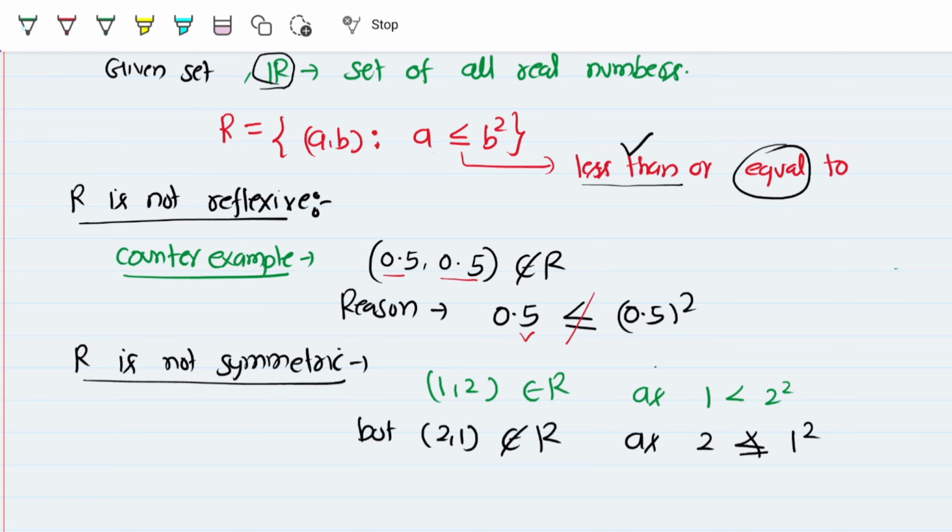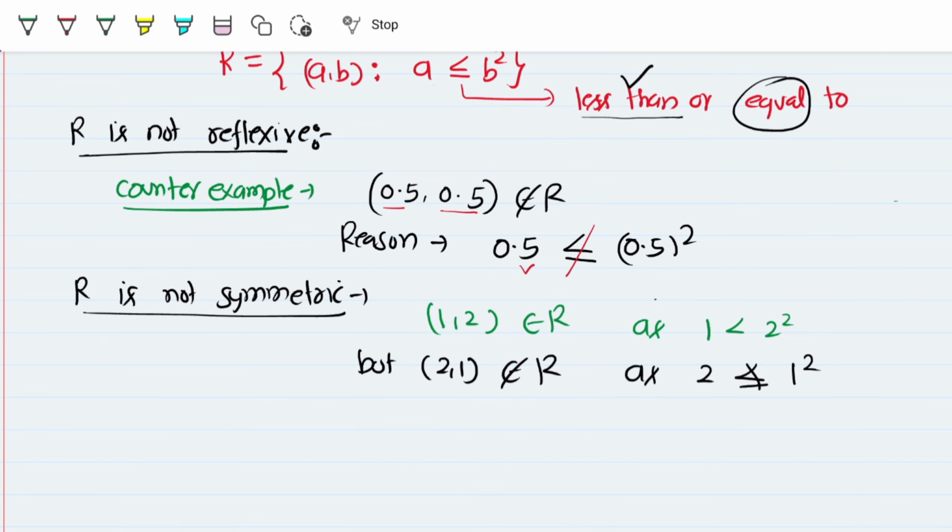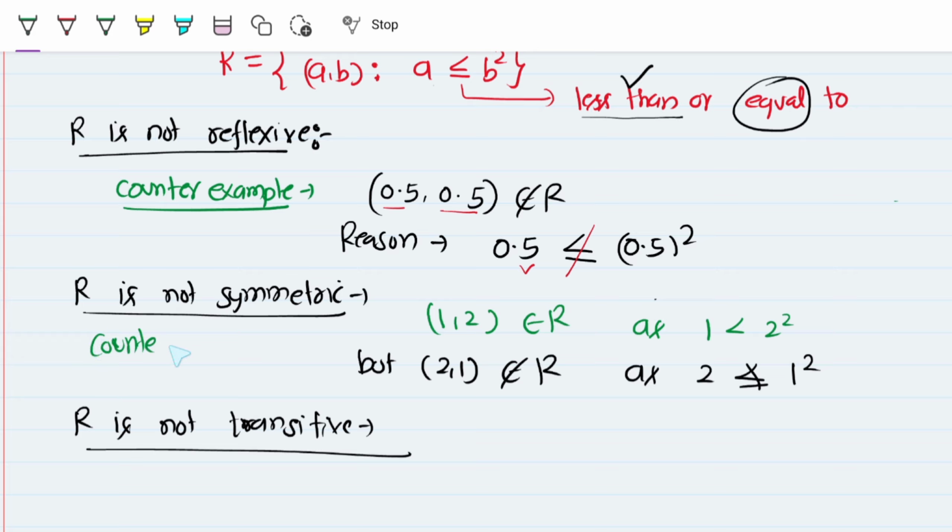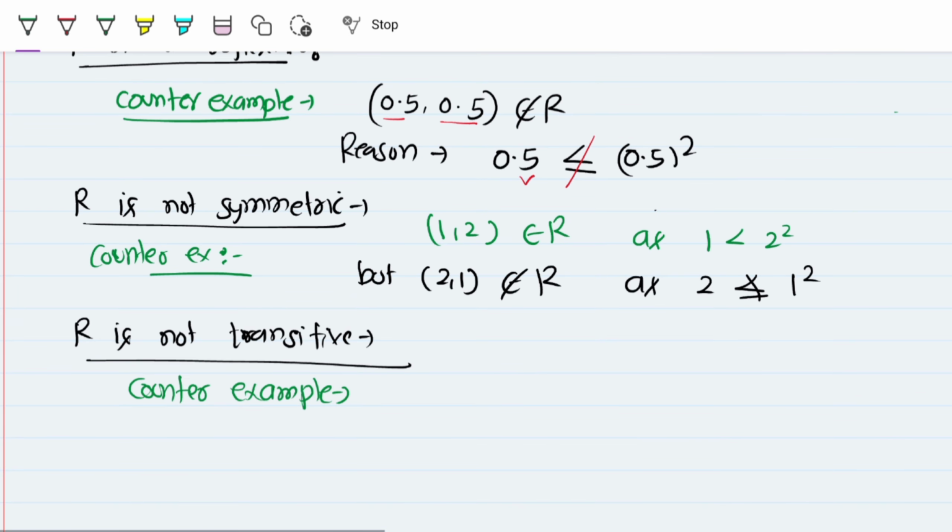R is not symmetric. Now R is not transitive. Look for a counterexample. For transitivity we look at ordered pairs of type (A, B) and (B, C), so we have to think of 3 numbers A, B, C. Suppose I take A value 3, B value 2 and C value 1.5.